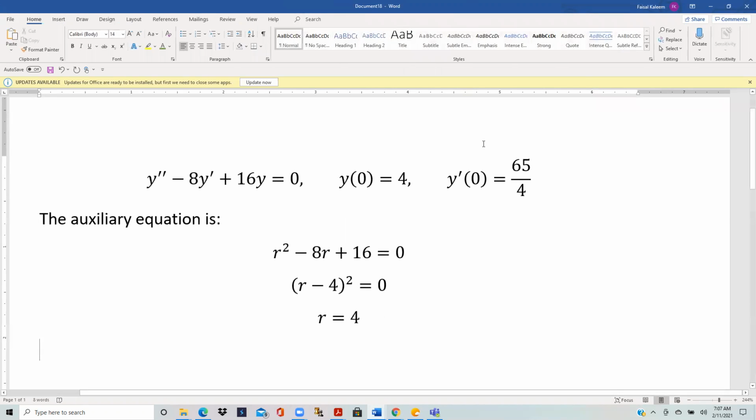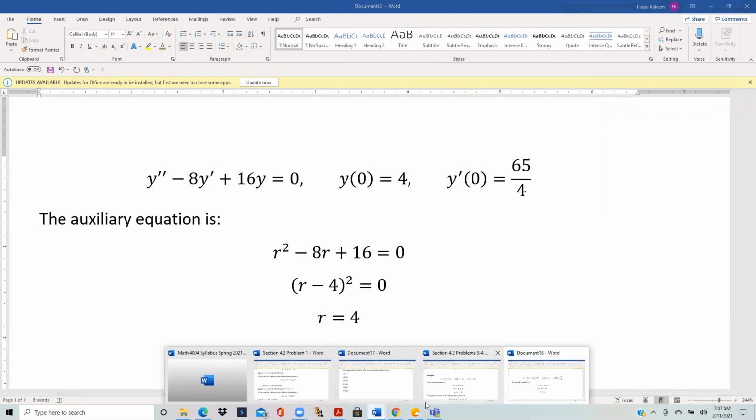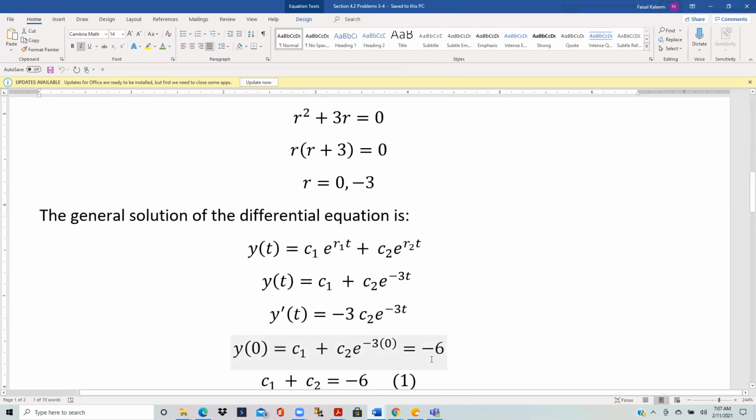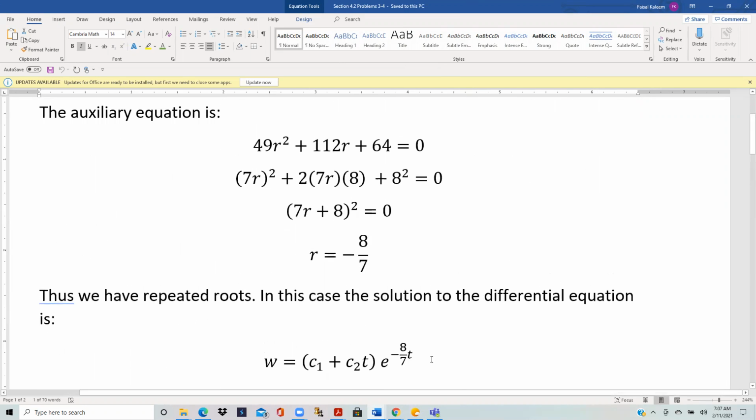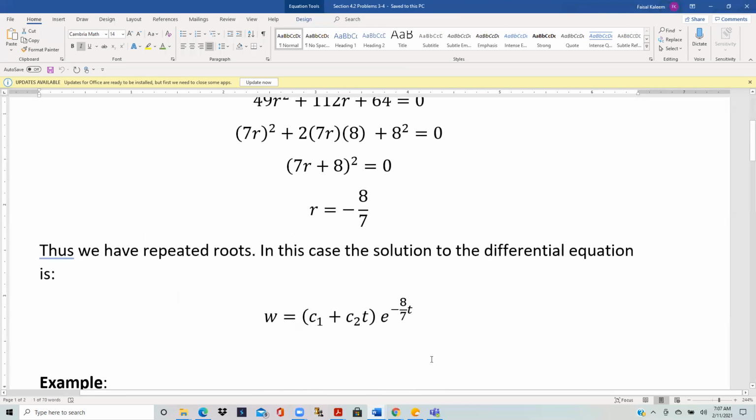And we know that in case of repeated roots, the solution is, let's scroll. So we had repeated roots here.